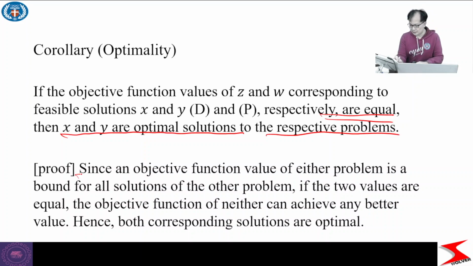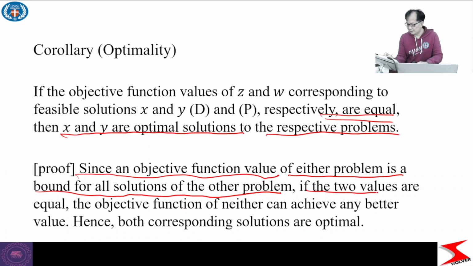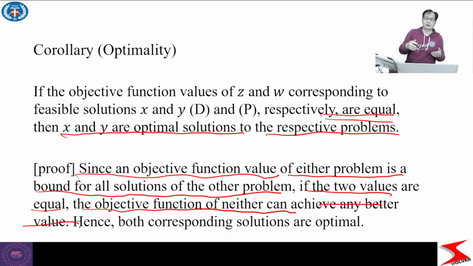Since the objective function value of either problem is a bound for all solutions of the other problem, if the two values are equal, neither can achieve any better value, because they are primal and dual of each other. If these two are the same, it cannot become better than the other value. So that finishes the proof.